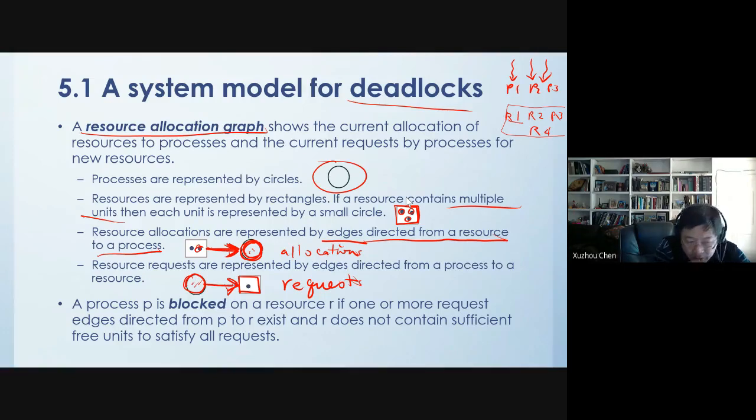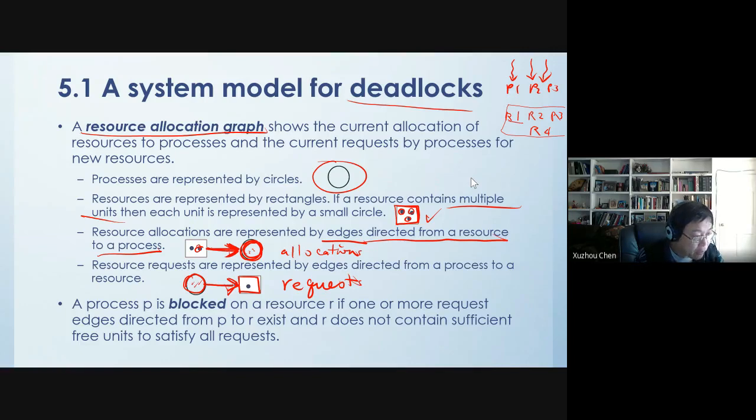Now, if you have three circles inside, like this case, that means this particular resource has three instances or three units. Like the case for the printer, you may have three printers connected to this system. So now three processes can simultaneously use the printer because each process can grab a printer.